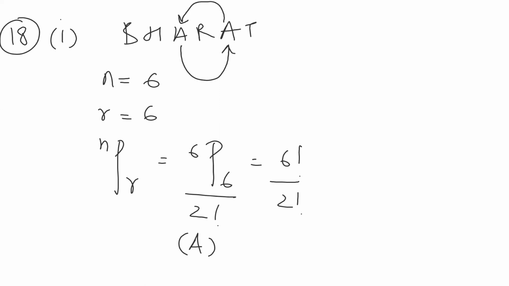Once. So to avoid any double counting, the number of repeats will come down over here. So if it was Bharat with A 3 times, then 3 factorial. Yeah, A is 3 times then 3 factorial, correct.